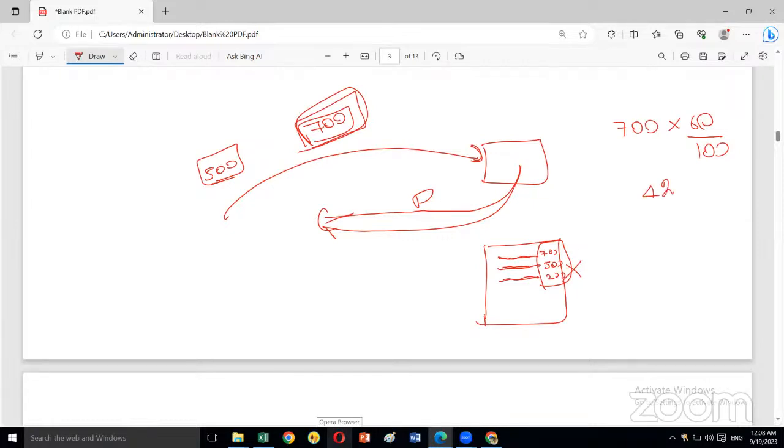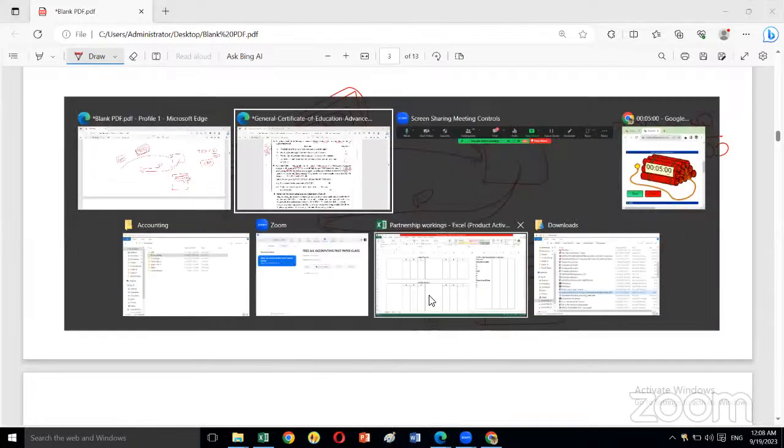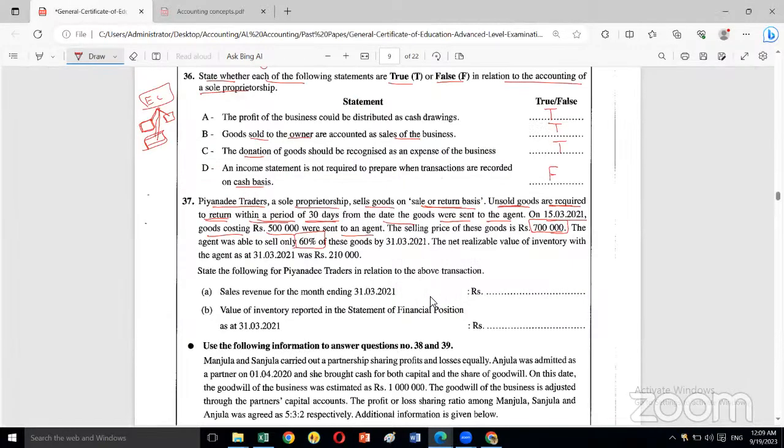Only this 420,000 I can record as sales. So sales revenue for the month ending is not 700,000. The answer should be 420,000. Is it clear?